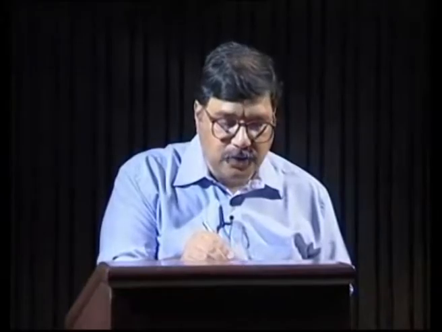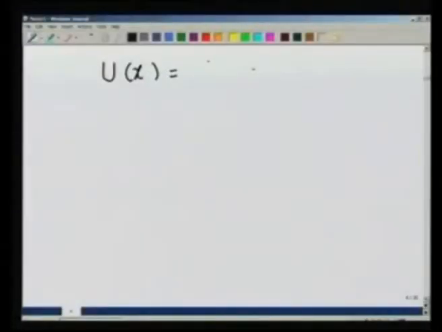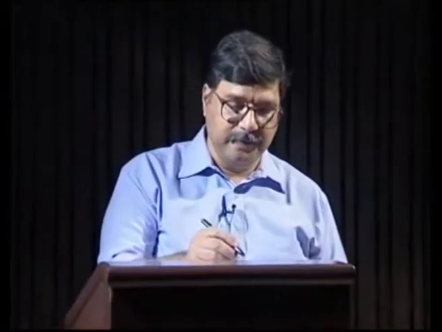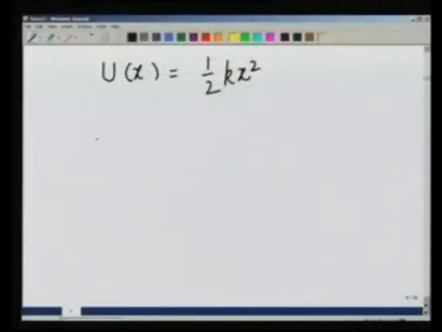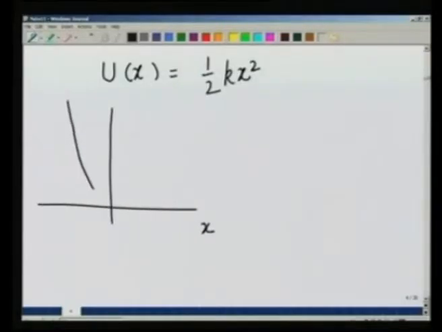So I can now write the potential energy as U(x) equal to 1/2 kx squared, and that you recognize right away as the potential energy of a spring stretched by distance x. So the potential energy with respect to x looks something like this, which is 1/2 kx squared.